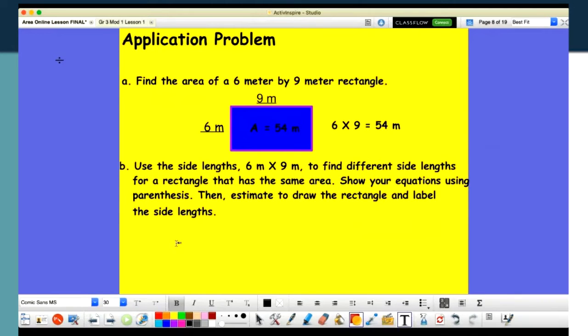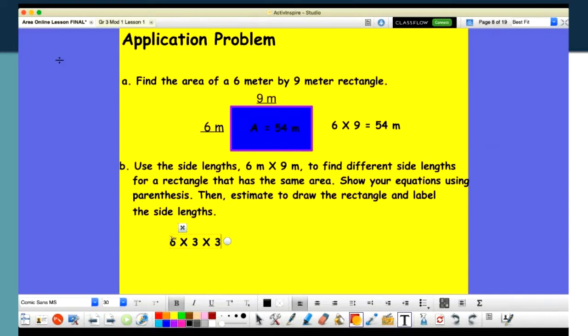So basically, what they've done right here is, if we take 6 times and then we take 9 and break it apart into a multiplication fact. So think to yourself, do you know a multiplication fact that equals 9? If you said 3 times 3, then you are correct.